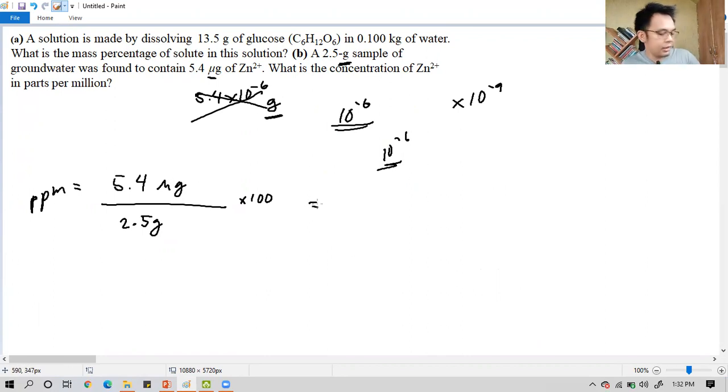So, ang maging sagot dito is times 2.5 here. Ayan, so that will be the concentration of the zinc ion is 2.16 ppm.